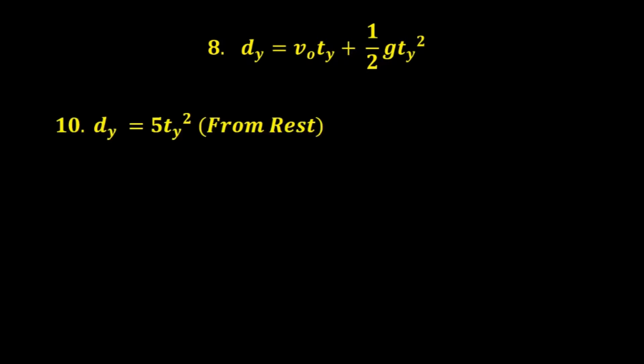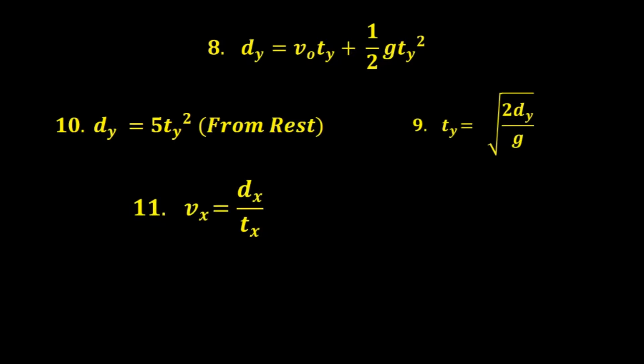And dy equals 5 ty squared, that's from rest. V naught t drops out because it's from rest. And then rearranging that formula, you get ty equals root 2 dy over g.